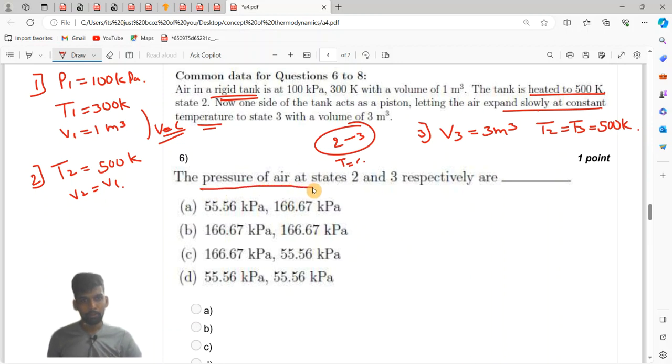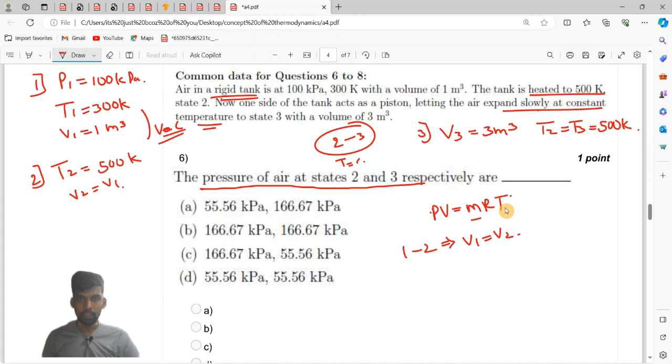So we need to calculate the pressure of air at state 2 and 3 respectively. Since it is a closed system, mass will not change. From the ideal gas equation we know that PV is equal to mRT. From state 1 to 2, we have constant volume, that is V1 equals V2.